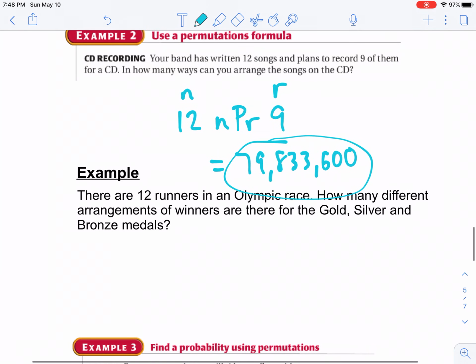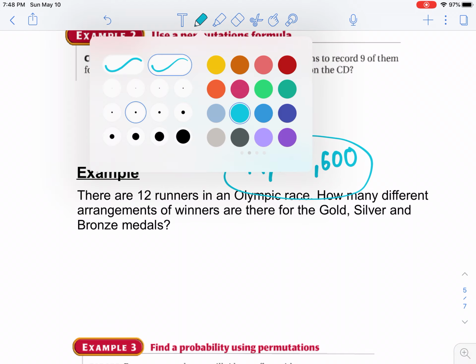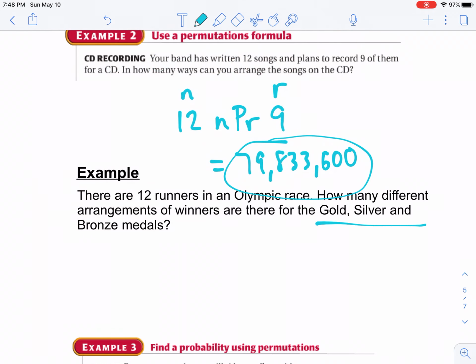Last one for this video. There's 12 runners in a race. How many different arrangements for gold, silver, and bronze are there? Gold, silver, and bronze basically means 3 slots, 3 total outcomes. So you have 12 people in your race, and you want to see how many different ways 3 winners could place. Gold, silver, and bronze are 3 different place winners.